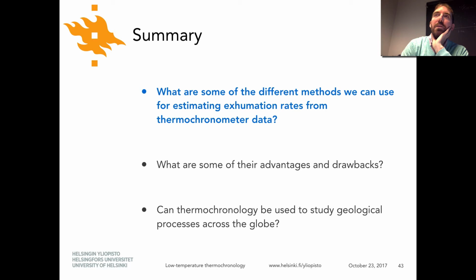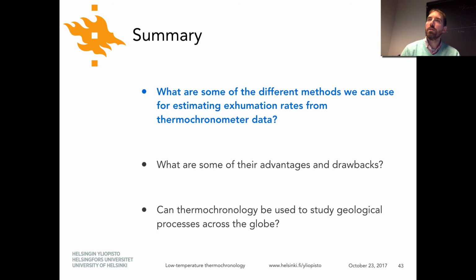Surely we can come up with one. So, Yorina, what do you think? The height and the age. Yeah, right. So this age-elevation relationship, we can use that.